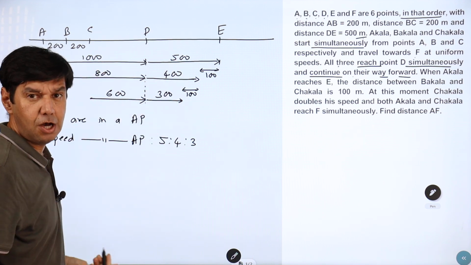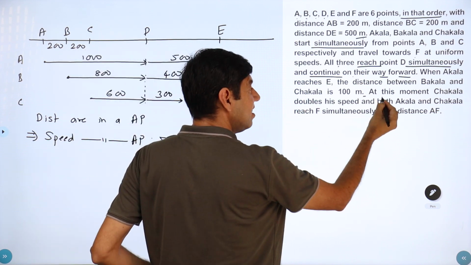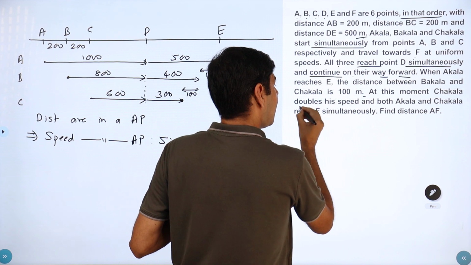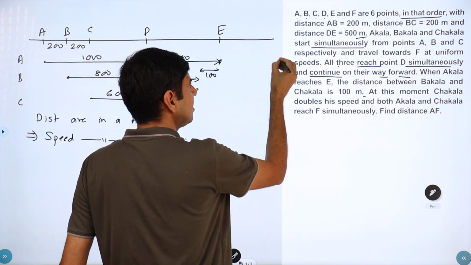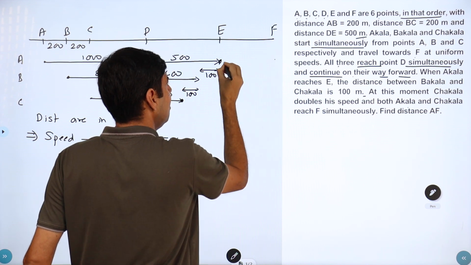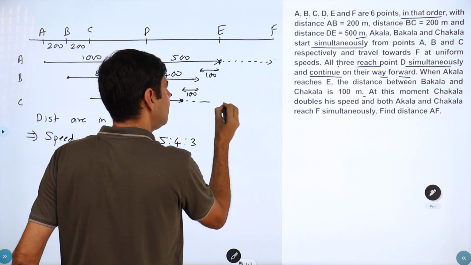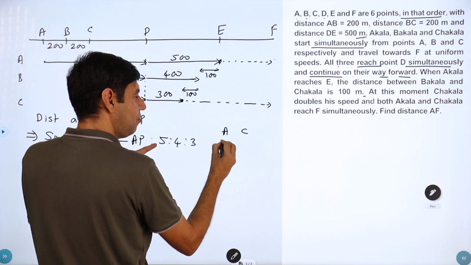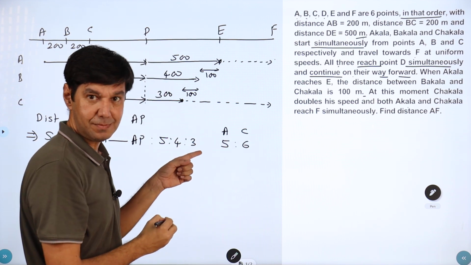Here we could just do it logically. And the last part is also as logical, students, right? At this moment, when Akala is here and Chakala is here, Chakala doubles his speed and both Akala and Chakala reach F simultaneously. So A covers this distance, C covers this distance. The only difference is now the speeds of A and C are going to be: A maintains his speed, C doubles his speed, right?